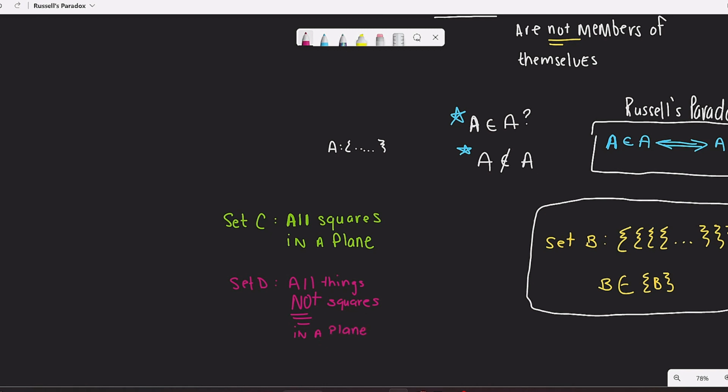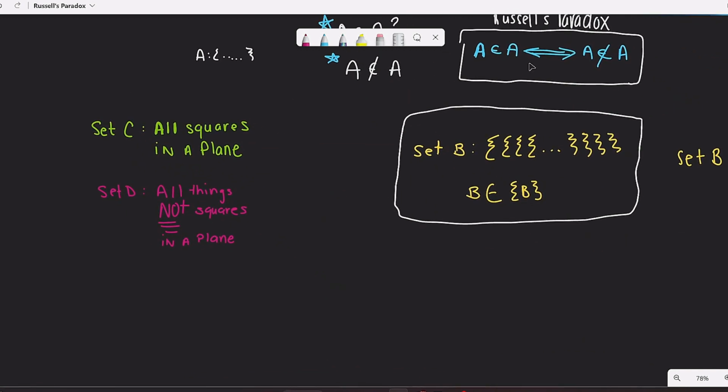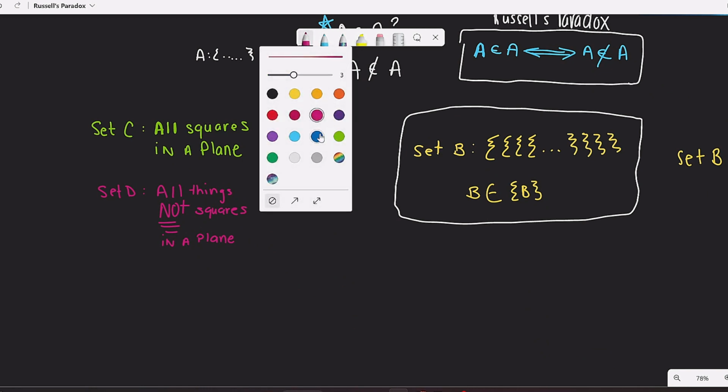And if we have these two sets, let's think about our third set, which gives us the Russell paradox. Well, what would it be? How would we define it?